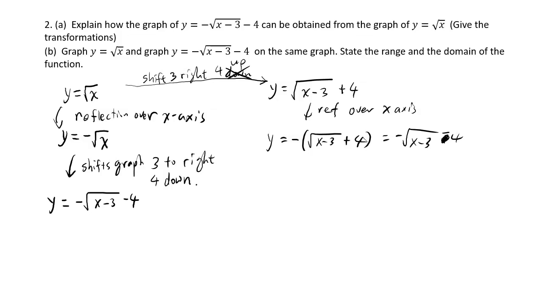Okay. So I'm giving you these two possible answers to part A. Part A could be answered in the following format. Either you can say reflect over x and translation, shifting means translation, 3 to the right, 4 down. So that's the combination of transformations you can write.